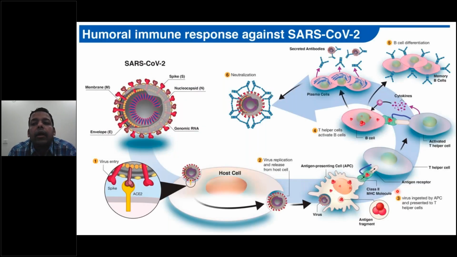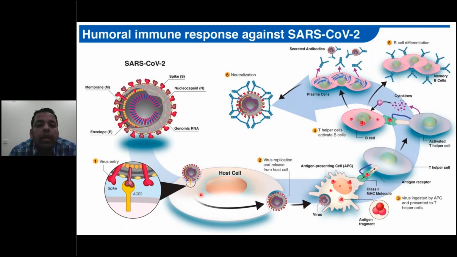Now we also need to understand what the coronavirus actually does inside our body. When this virus is exposed to human cells, it binds to the ACE2 receptors present on the host cells, and it is taken inside the cell.